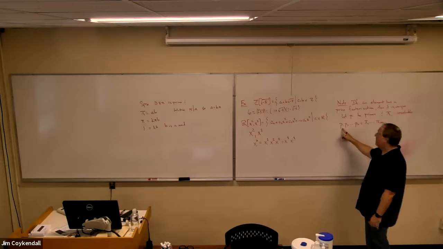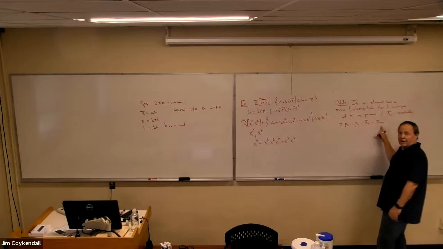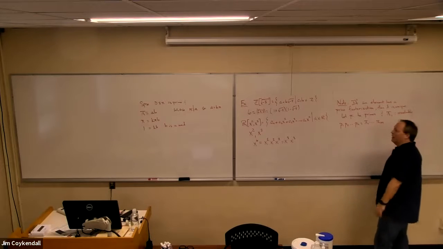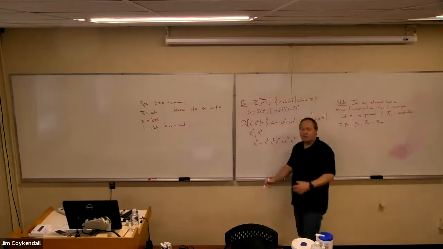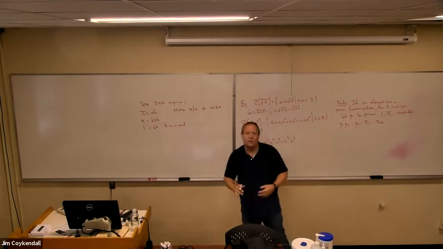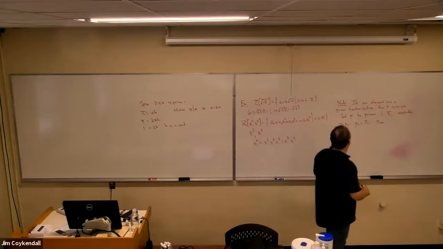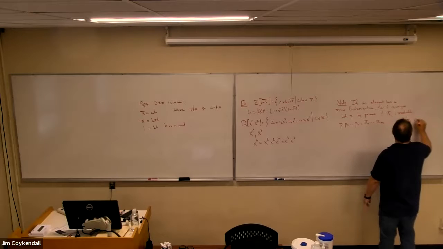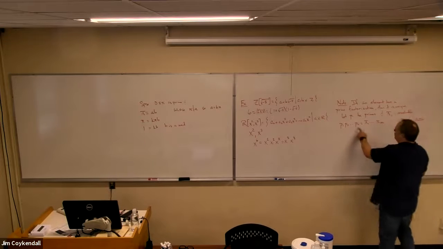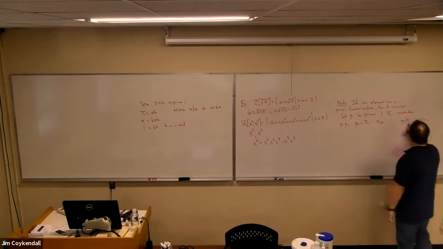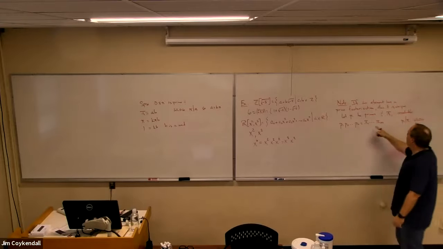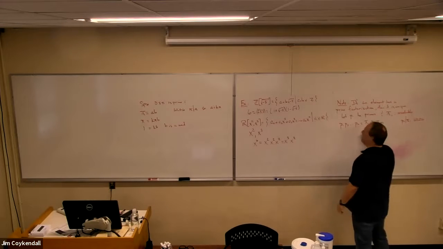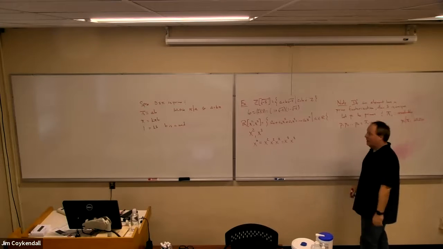P1 is prime, and it divides the right side of the equation, right? What does it mean to be prime? It means it divides a product of two, and more generally, it has to divide one of them. So P1 divides pi1 without loss of generality, because it has to divide one of these. But pi1 is irreducible, which means that these two are essentially the same up to a unit, right?